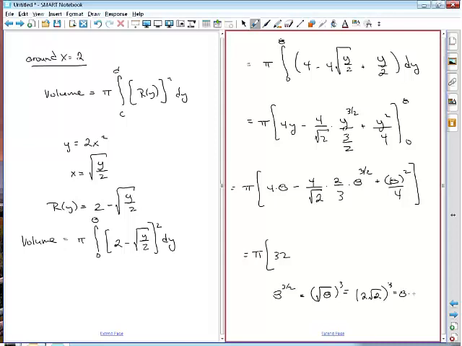And the square root of 2 cubed is going to be 2 times the square root of 2, which is going to be equal to 16 times the square root of 2. So let's plug that in here. Minus 4 over the square root of 2 times 2 divided by 3 times 16 times the square root of 2, plus, what we have here is 64 divided by 4, which is 16.